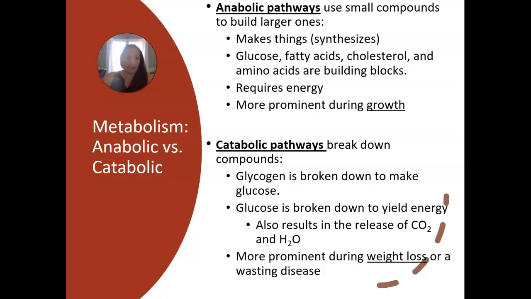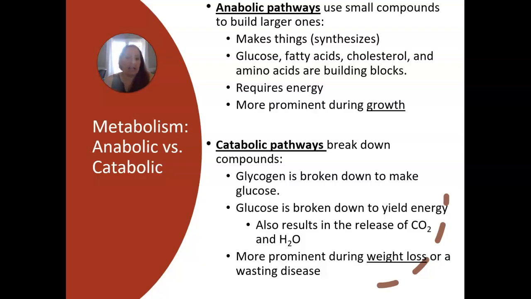So metabolism is the sum of all reactions that are taking place, and we have two types of reactions, two categories that reactions can fall into. We have anabolic and we have catabolic. And so anabolic metabolic pathways, this is where we build larger molecules from smaller ones. Okay, these are pathways involved in the synthesis of things like proteins, for example. Protein synthesis is an anabolic pathway.